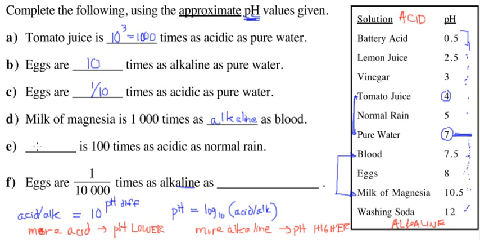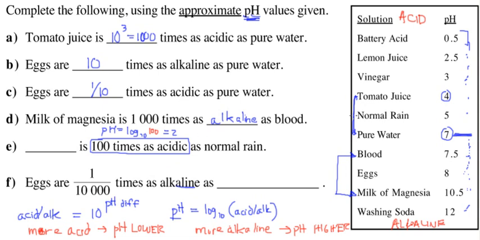Something is 100 times as acidic as normal rain. Normal rain is 5. We want something more acidic than that, so we're going to be going in the acid direction. But how far? This is one where we actually need our pH difference. Down here it says pH difference is the logarithm of your acid or alkaline difference. So if they're saying 100 times as acidic, and you want to know what that means as a pH, the pH will be log base 10 of your 100, which comes out to 2.